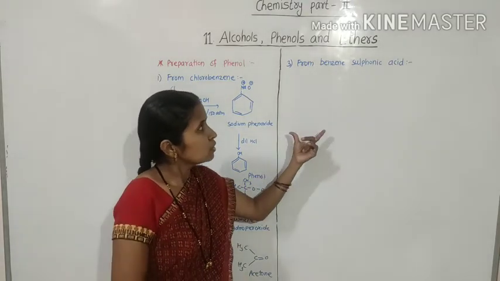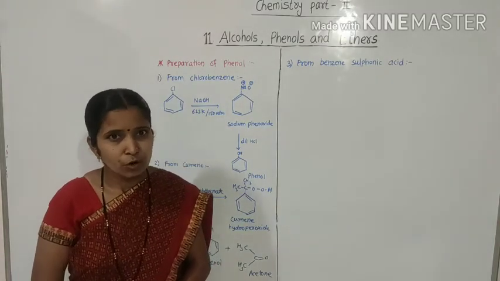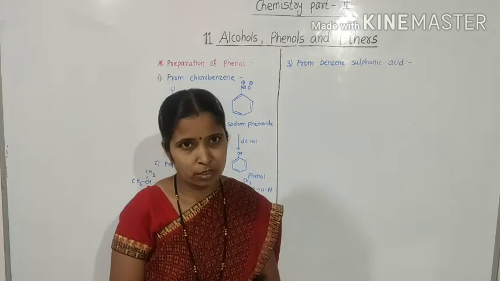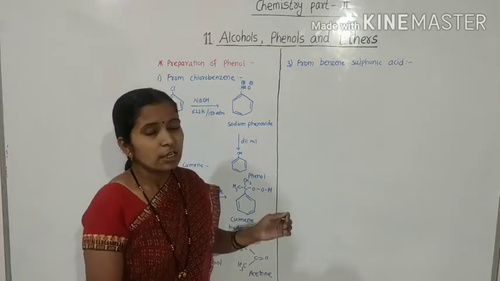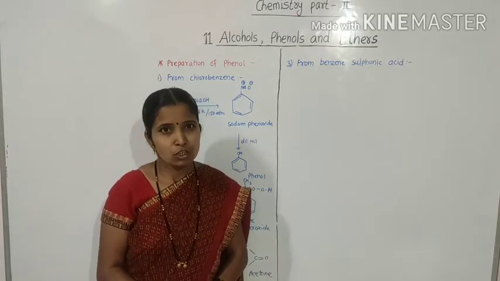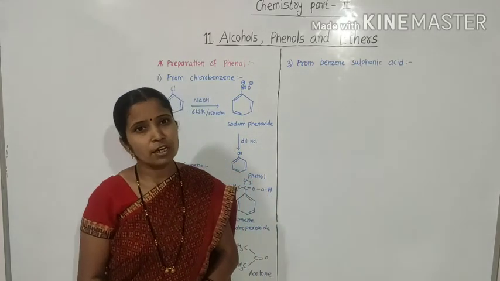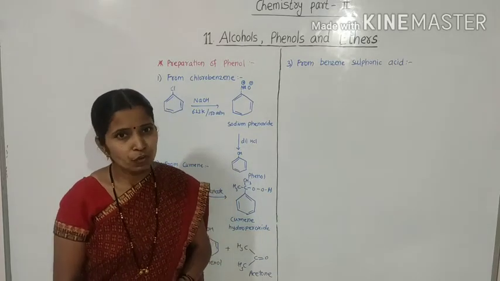Here benzene sulfonic acid is neutralized with NaOH to form sodium benzene sulfonate. This sodium benzene sulfonate on fusion with NaOH forms sodium phenoxide, and sodium phenoxide under treatment with dilute acid forms phenol.